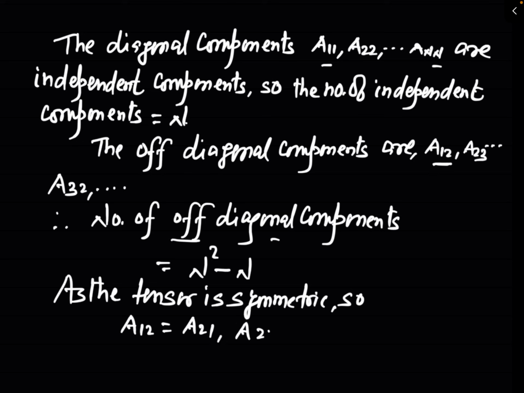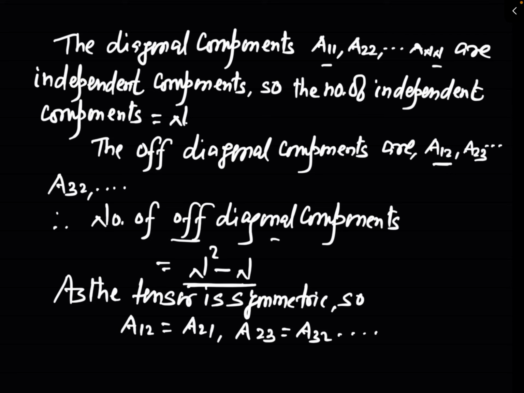Similarly, A23 will be equal to A32, and so on. It means the total number of independent off-diagonal components will be just half of this number, because this is the total number of off-diagonal components.